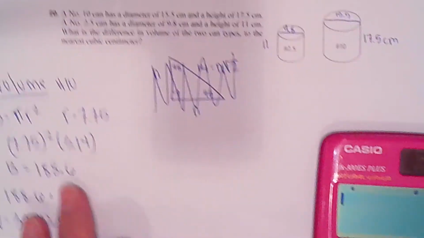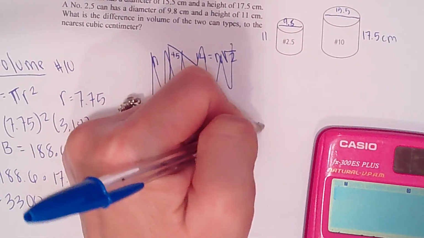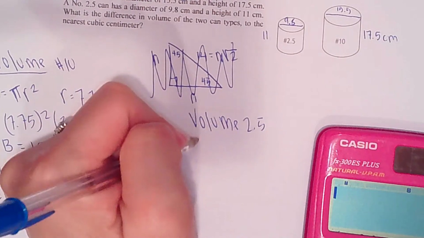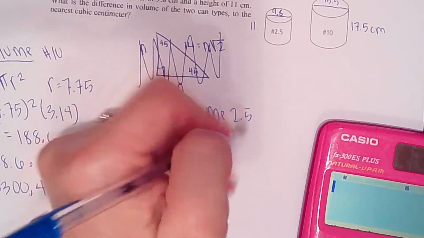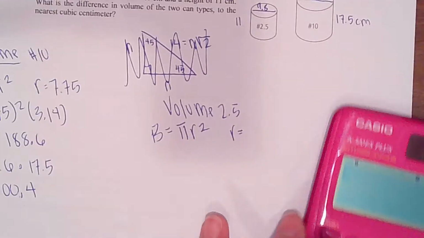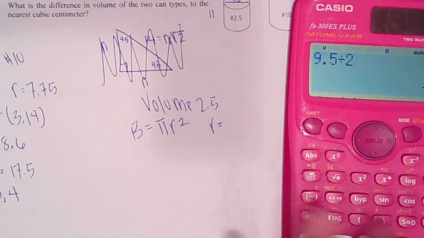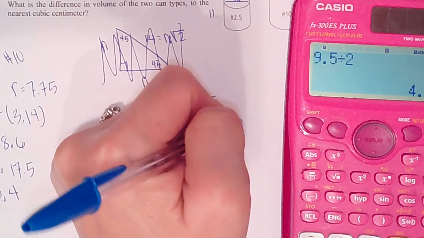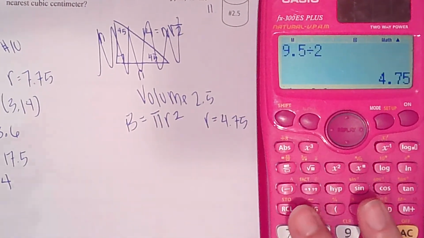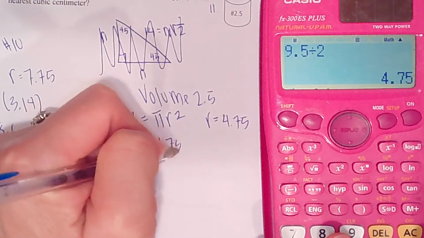Now let's find the 2.5 can. So again, I know that my area of my base, my big B, is going to be pi times the radius squared, but my radius I need to find. So I'm going to take 9.8 and I'm going to divide it by 2, and I will end up with 4.75. Okay, so now I'm going to take 4.75.